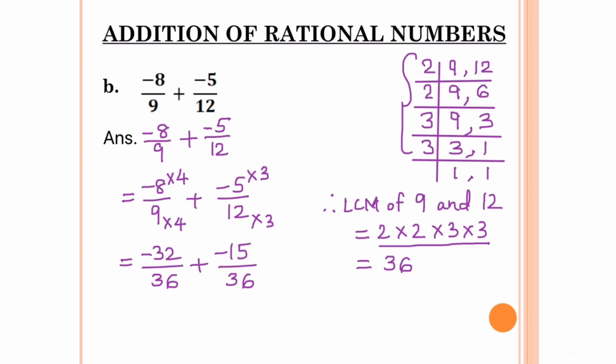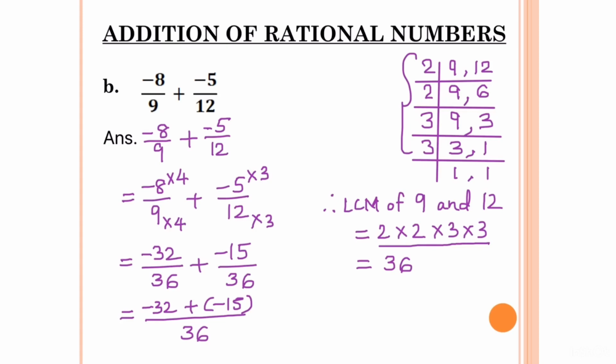Now we have got the same denominators. This is equal to, we can take 36 as the common denominator and add the numerators, minus 32 plus of minus 15.